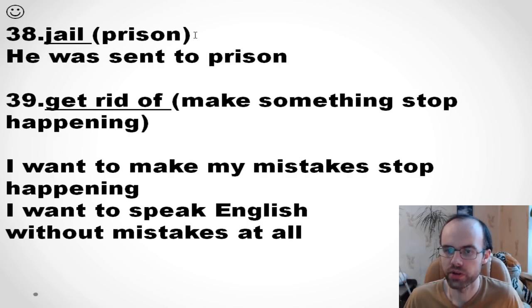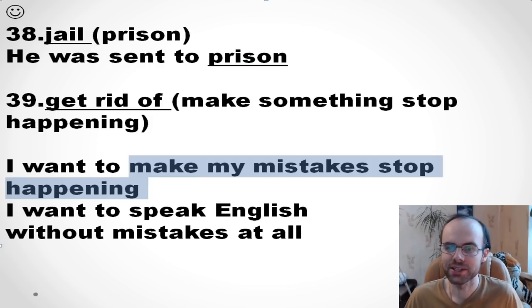Okay, some more words for you. Jail or prison. We often hear jail in American English. So he was sent to prison, or he was sent to jail. Good. Get rid of. Make something stop happening. Look, I want to make my mistakes stop happening.